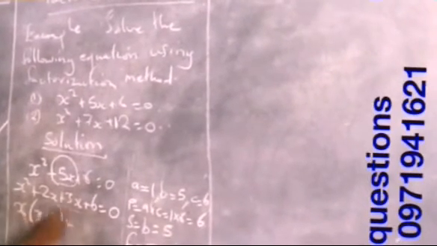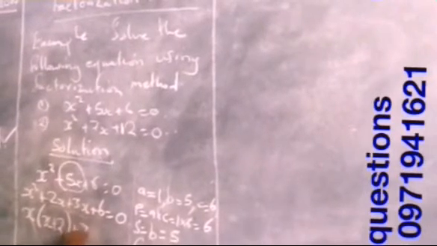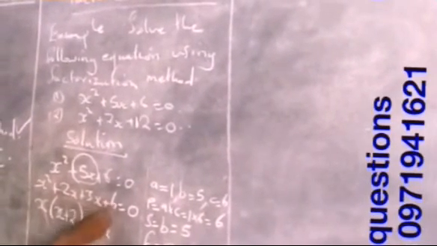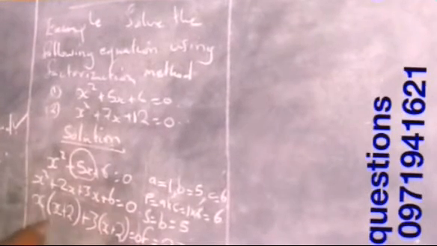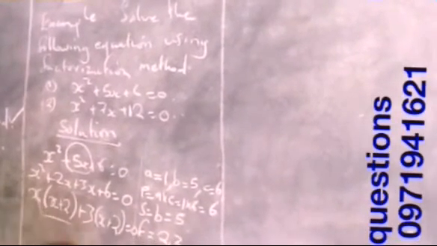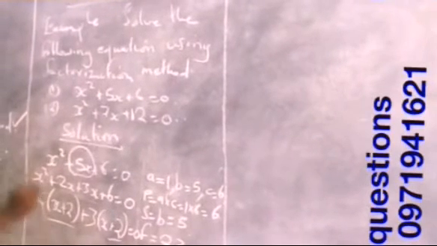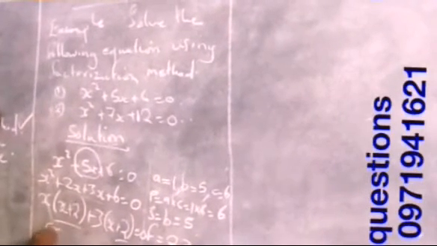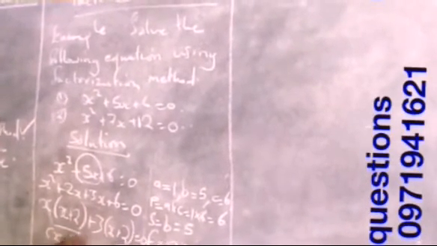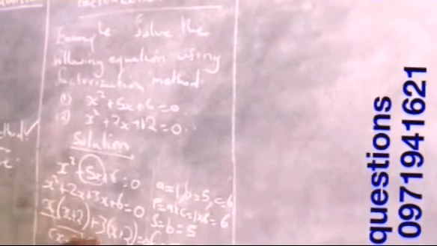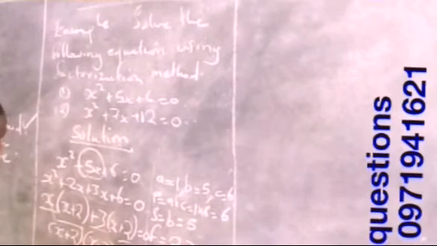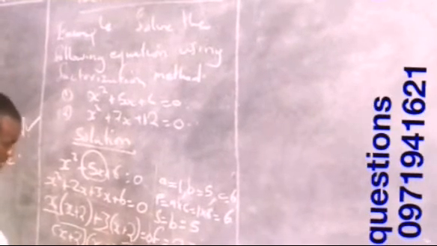The common factor in the second pair is 3. 3 into 3x is x. 3 into 6 is 2. If you check, this bracket and this one are one and the same. Therefore, we conclude x plus 2, combined with the x plus 3, is equal to 0.